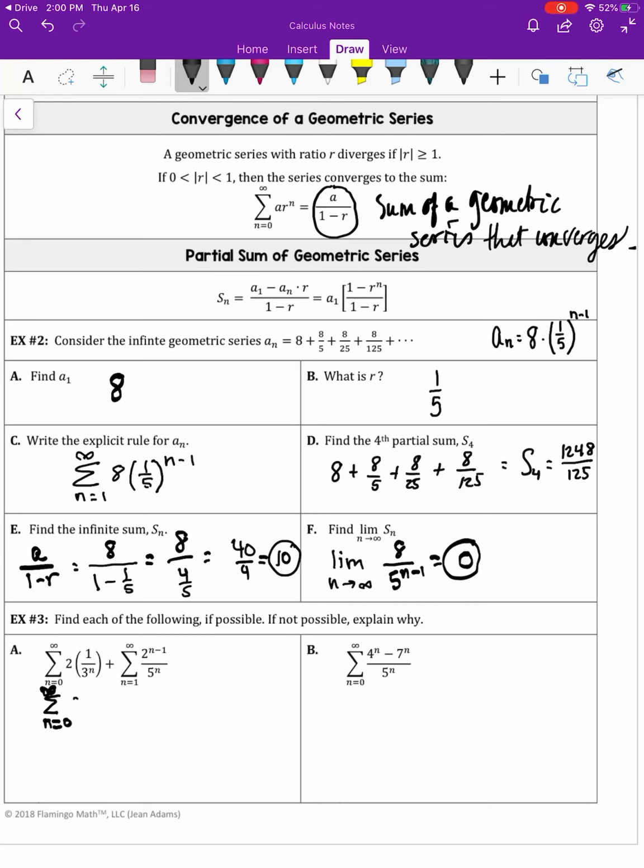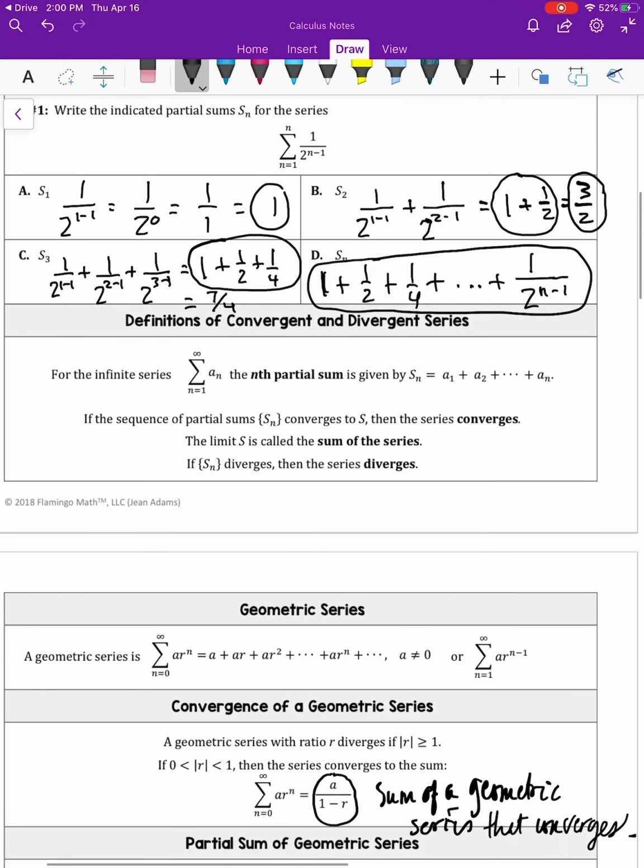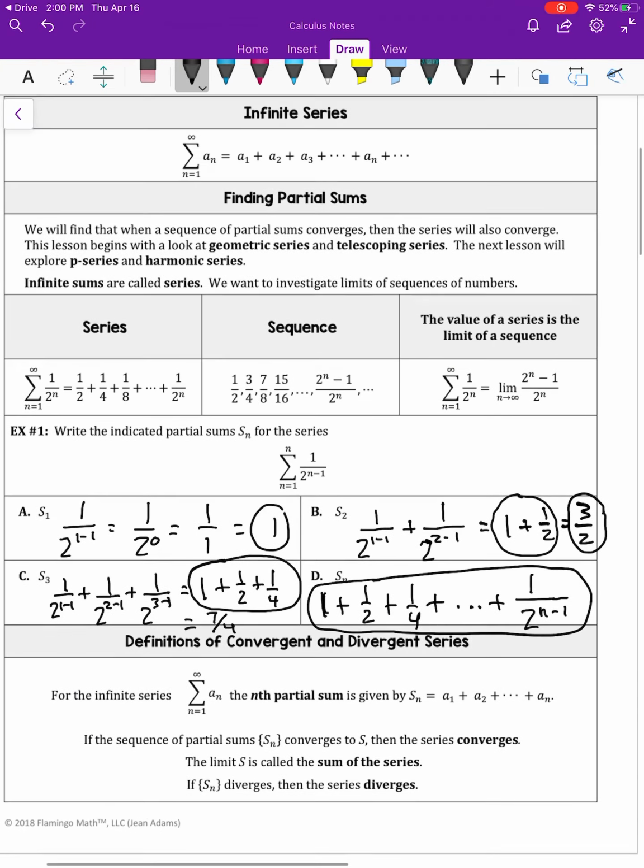So when I look at this first one, what you want to imagine is, is there a way that this could be geometric? Okay? So if I rewrote this as 2 times 1/3 to the n, would that still be right? Yes, and since it goes from n equals 0 to infinity, I can just have an n there.